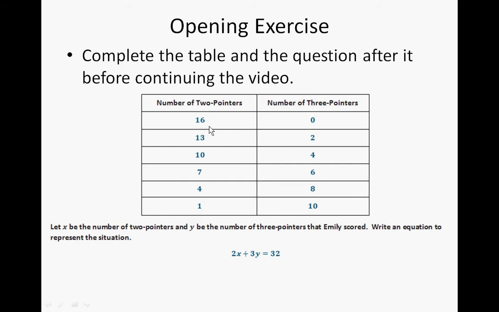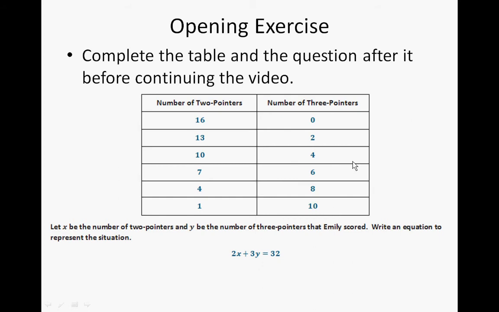16 2-pointers would be 32, or 13 2-pointers and 2 3-pointers, or 10 2-pointers and 4 3-pointers, 7 2-pointers and 6 3-pointers, 4 2-pointers and 8 3-pointers, or 1 2-pointer and 10 3-pointers.